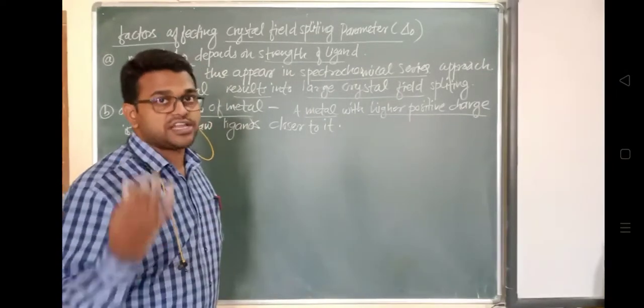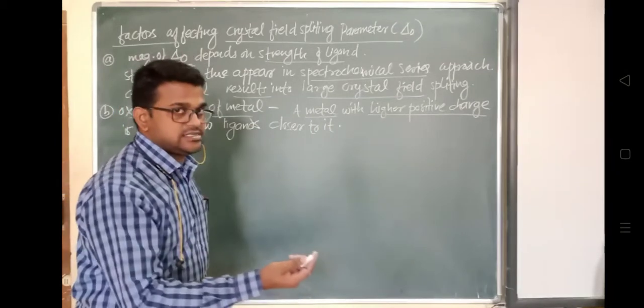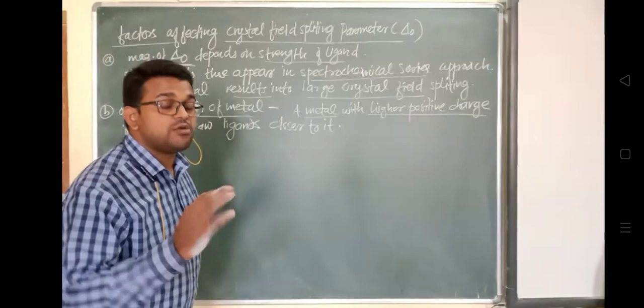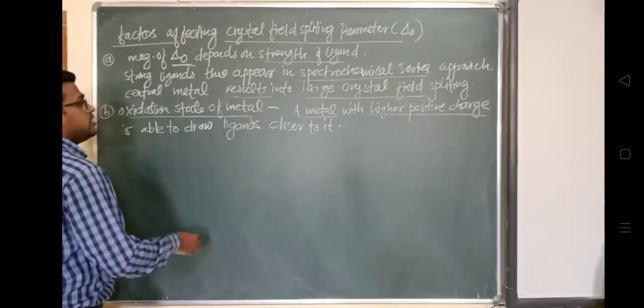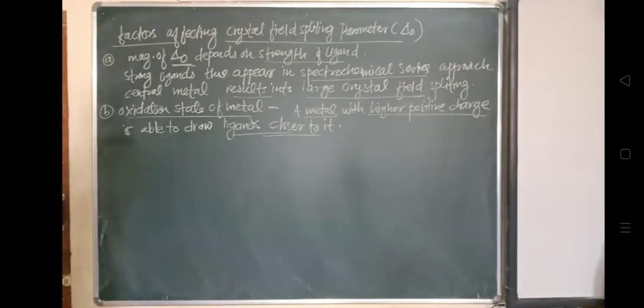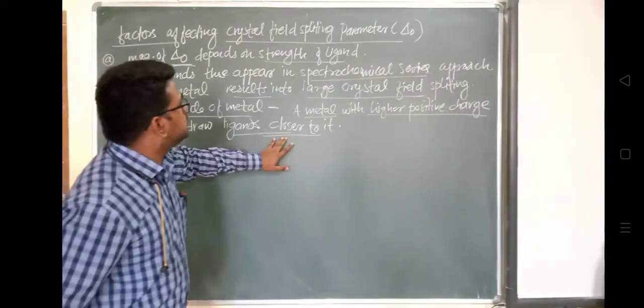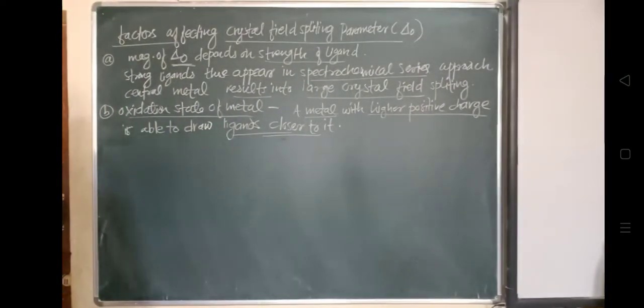If that is fulfilled by the ligands, then the bonding and the strength between the two will definitely be greater, and that's why the ligands will be very close to it, and a good strength of the ligands will be applied over the metal ion.